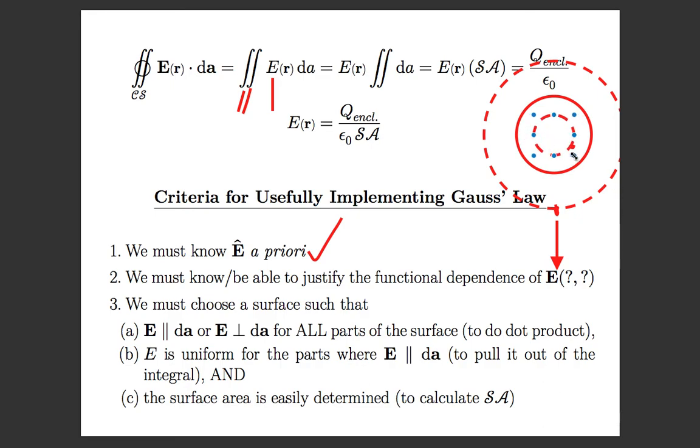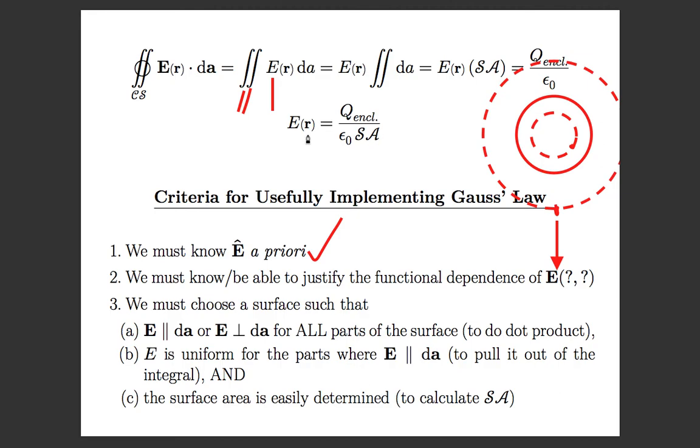So we need to choose a surface that touches this point right here where we want. So we need to choose a surface inside this ball. Okay, so that's an example of how we can use Gauss's law and how we need to be very careful about how we're using it. In this case, it would work, but if we could not necessarily make those simplifications, then we can't simplify this integral to get an expression for E alone.